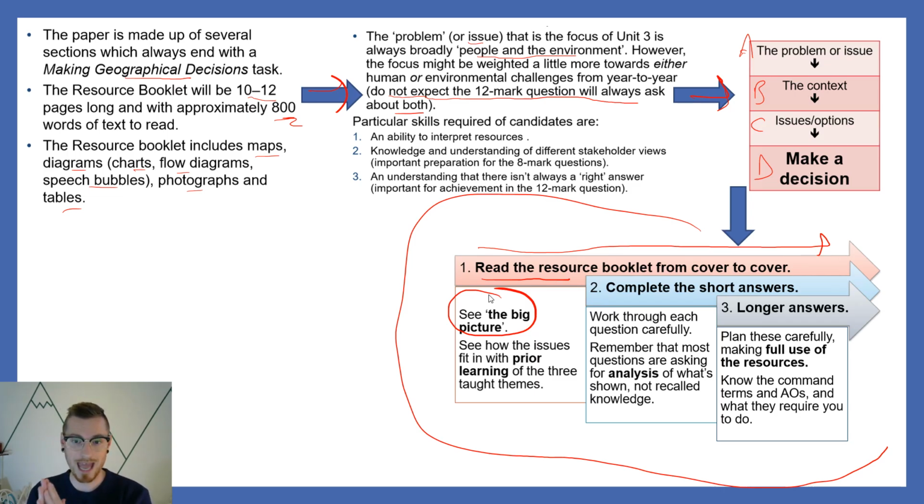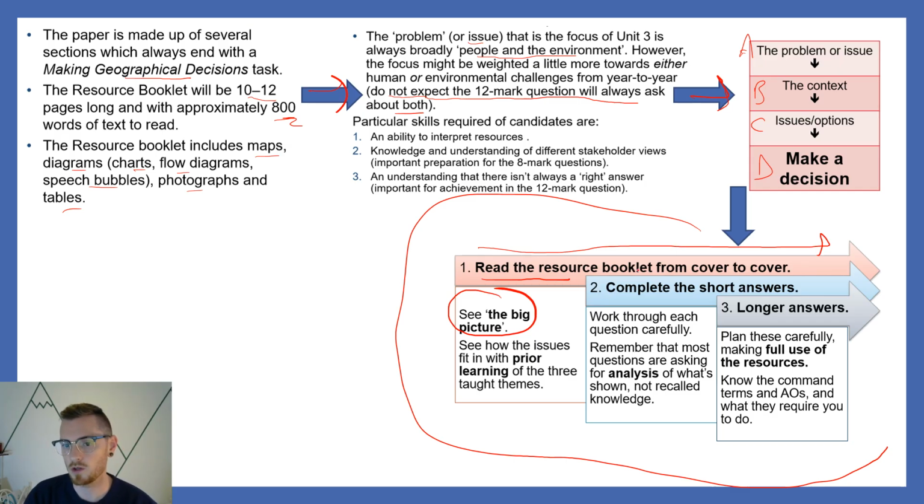So when you come to the end and you're asked to finish the story and make a decision, you're clearly more informed to do so. If you just read the first figure or the first resource and answer the first couple of questions, and you do that throughout, you don't make that link across the entire resource booklet. So invest time, 10 minutes at the beginning, getting through the resource booklet.